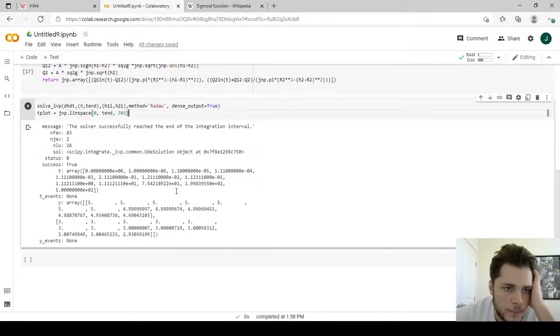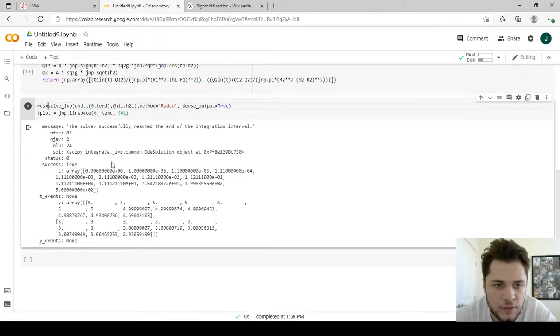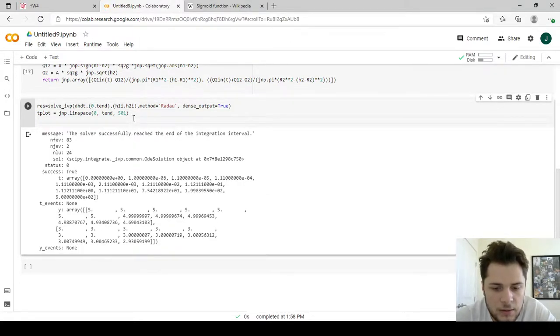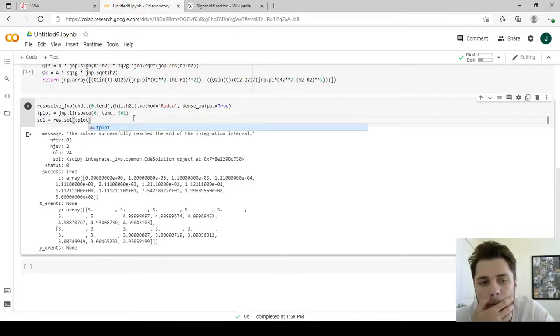I have to name this, I'll just name it res for results. And then sol is going to equal res.sol, and I want the heights for each second.